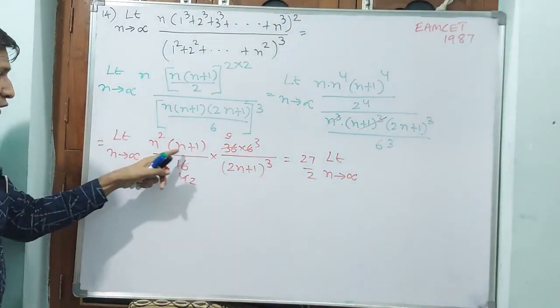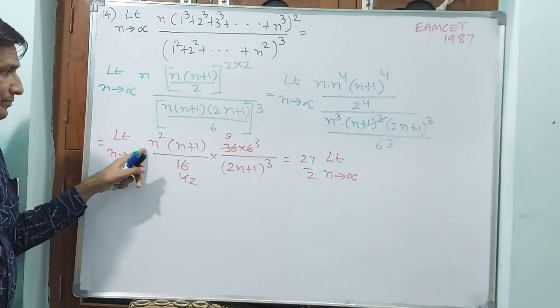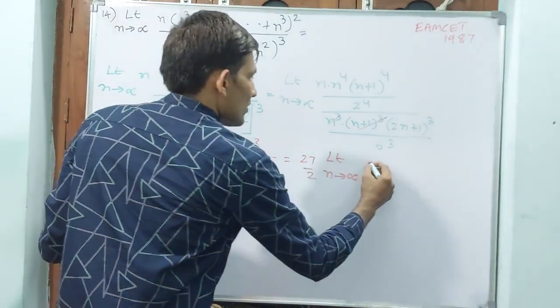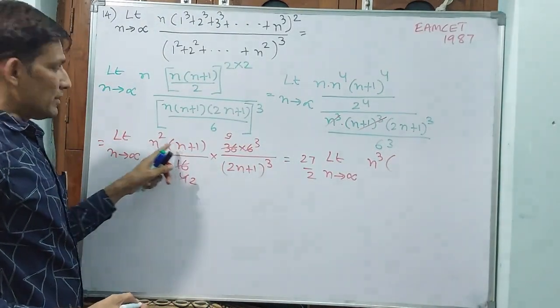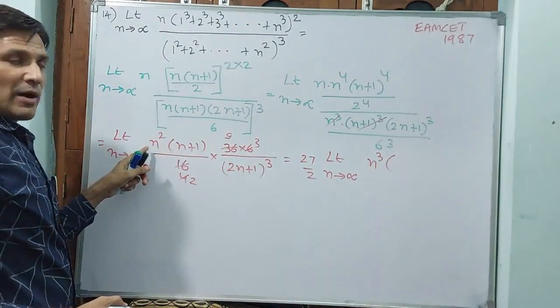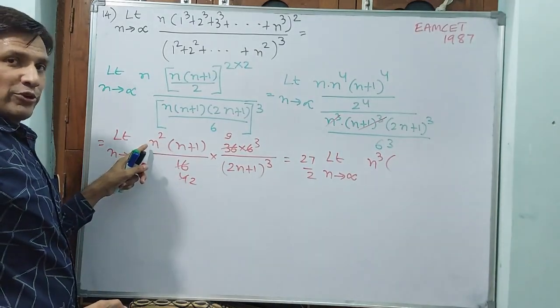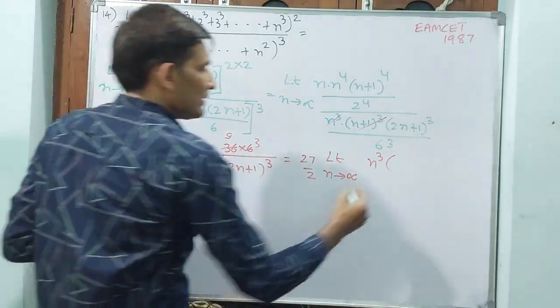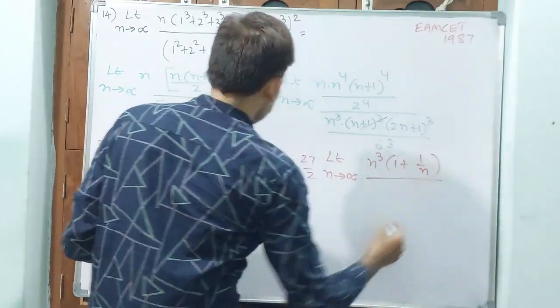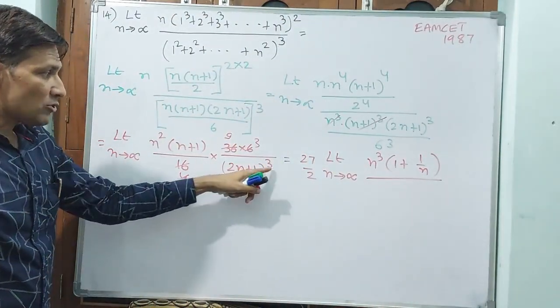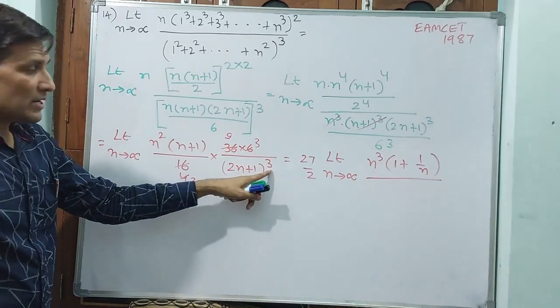Now you see, in the numerator I am taking n cube common. If I take n cube common, n square is there, n also I have taken common, then it is going to become n into n square, n cube, 1 plus 1 by n, 1 plus 1 by n. This is the numerator. Now come back here. Here also I am taking n cube common. Cube is there, you observe carefully.